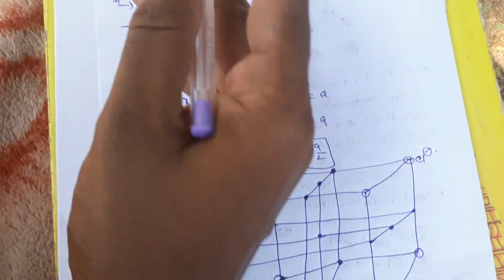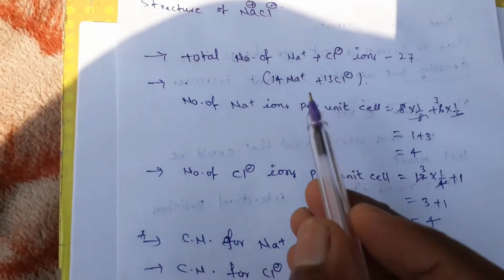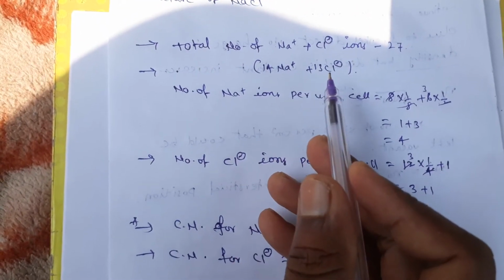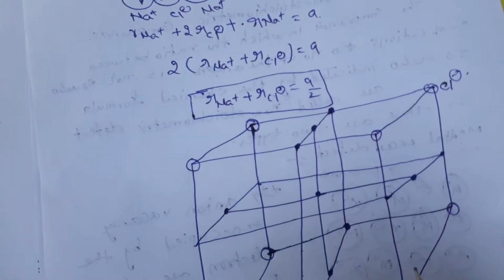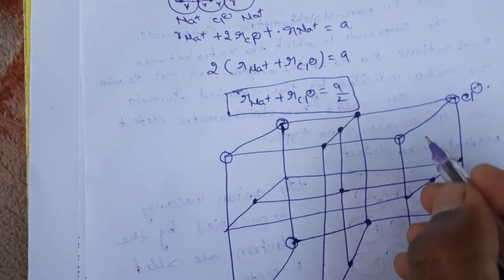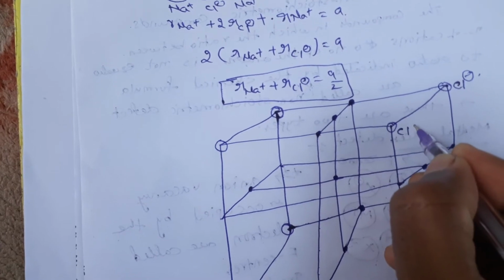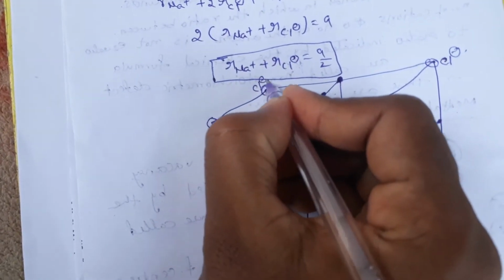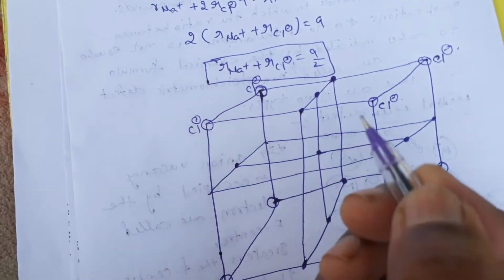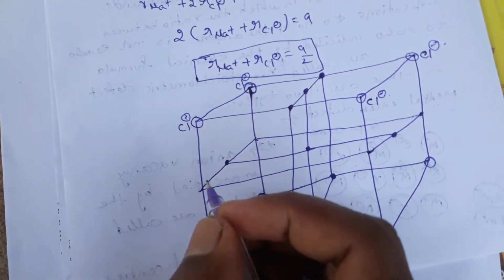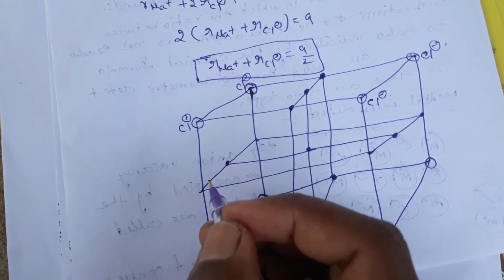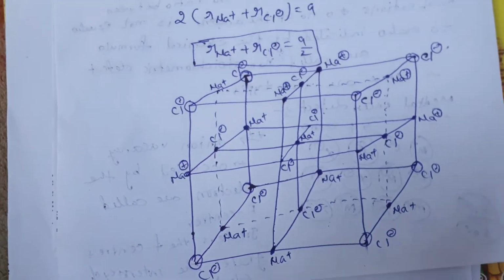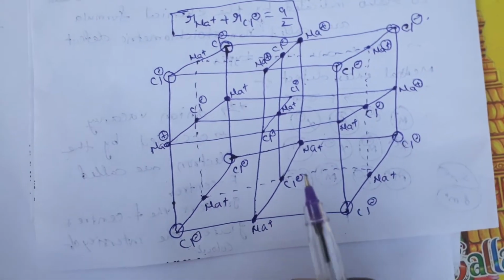So firstly you see this one here, how many Cl minus? Let us assume 13 Cl minus. So Cl minus, and here is a Cl minus, and Cl minus, Cl minus. Next thing is sodium plus. So this is the sodium chloride structure.